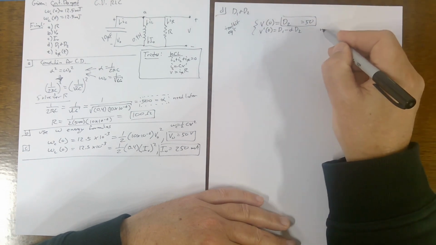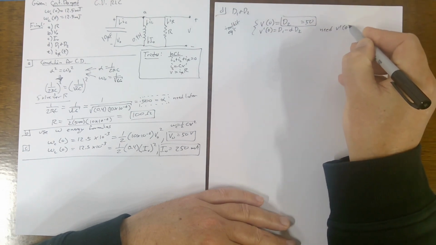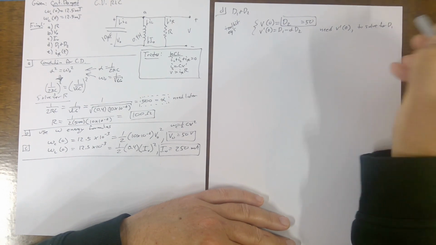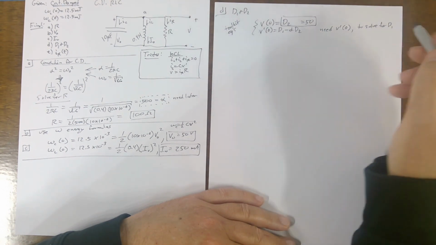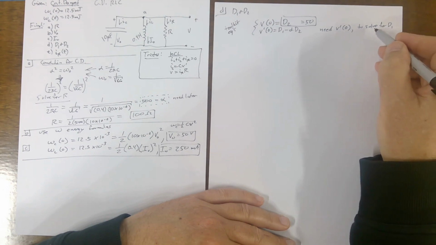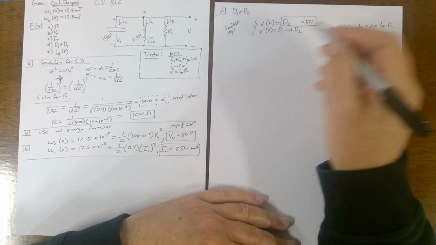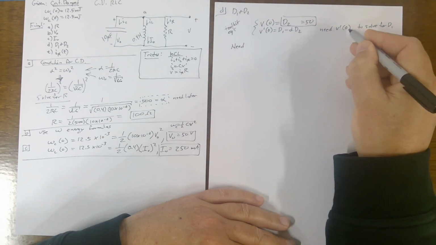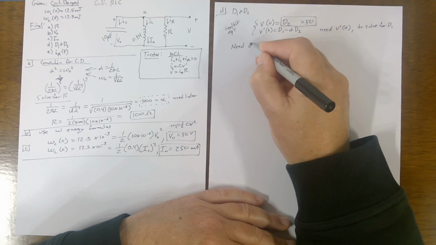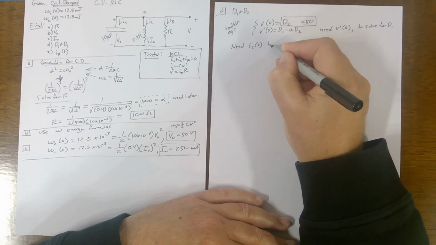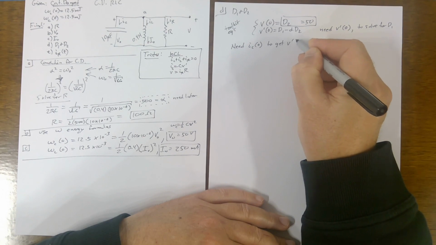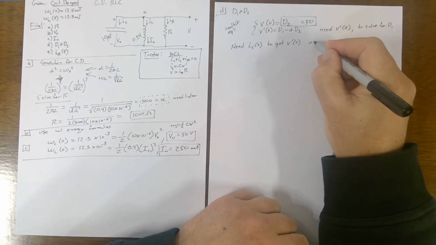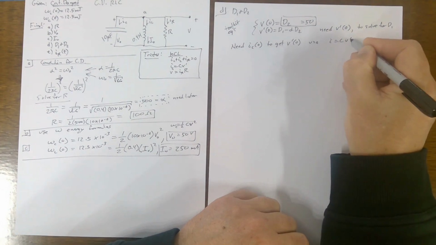So I need V prime at 0, so I need IC at 0 to get V prime at 0 via I equals C V prime.